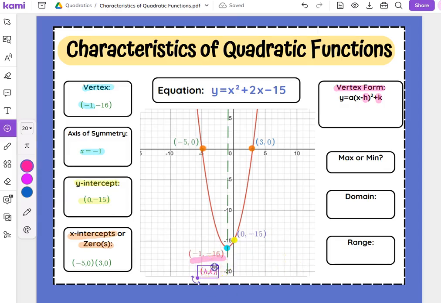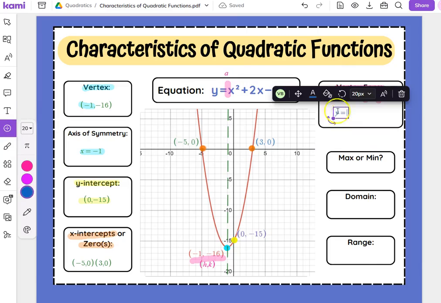So that tells us automatically what the vertex numbers are. The only other number we need is a, and a is found, if you'll remember, right here. A is whatever is in front of the x squared. So there's my a.